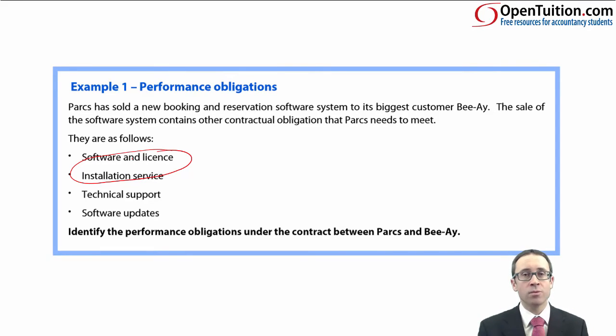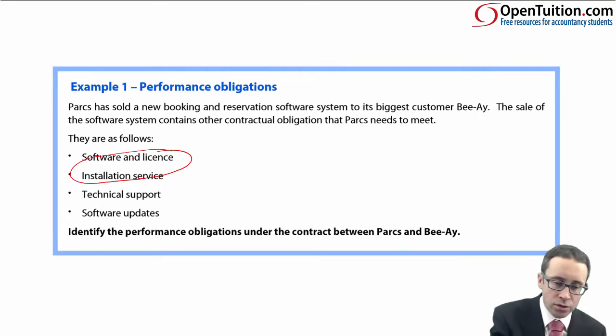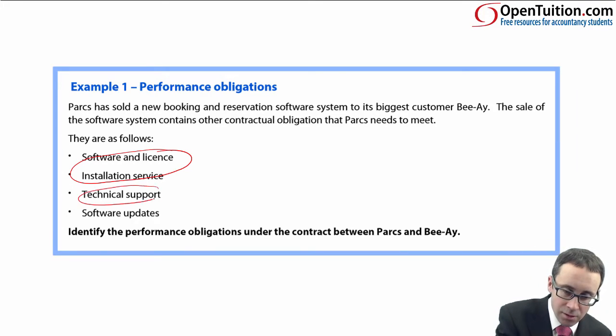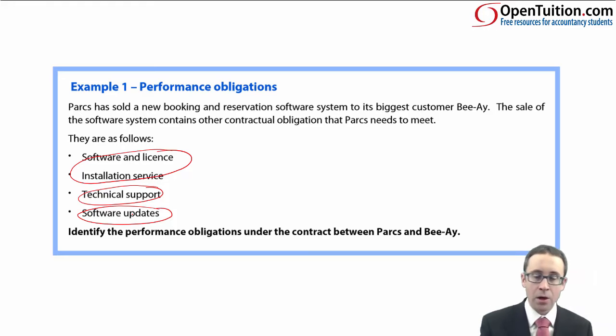Potentially, I would have thought so as well. So those two obligations, the support and the updates, would be separate performance obligations. If we were to know the price of this contract, we could then split that price between the 3 performance obligations we've discussed.